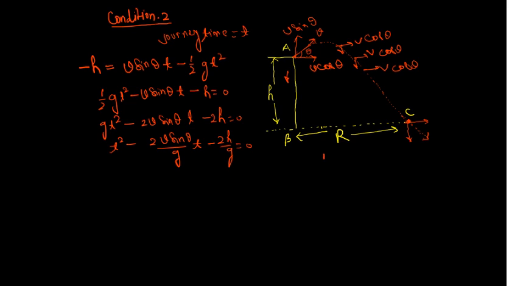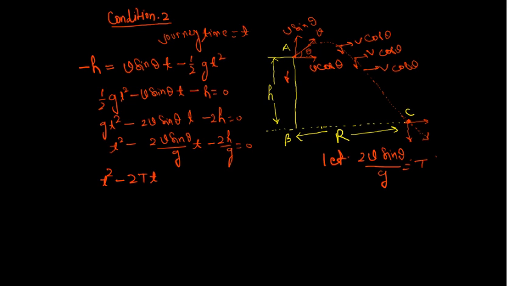Let 2v sin theta divided by g be equal to capital T. Why have I taken this capital T? Because 2v sin theta divided by g was the journey time in the case of projectile motion. When we discussed normal projectile motion, this was the journey time. So if I replace it, it will be t square minus T into small t.